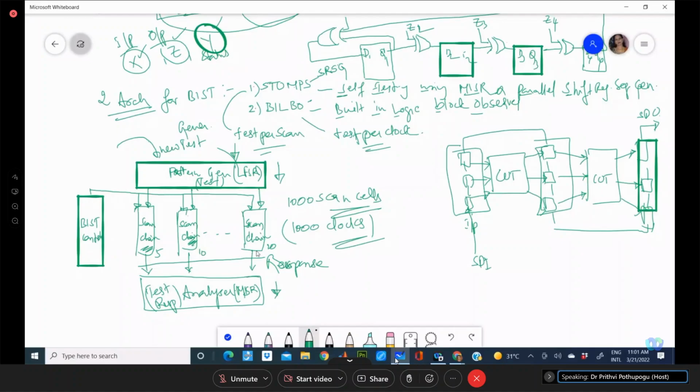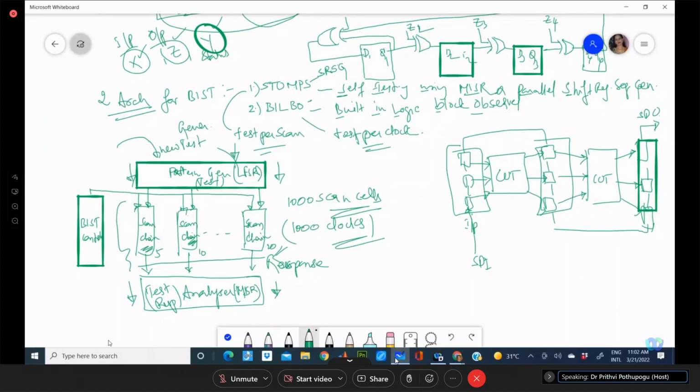So at least 20 clocks, or 20 cycles, are needed to complete what operations? To complete the scan in, one capture, and scan out. This one is scan in, this is capturing, and this is scan out.